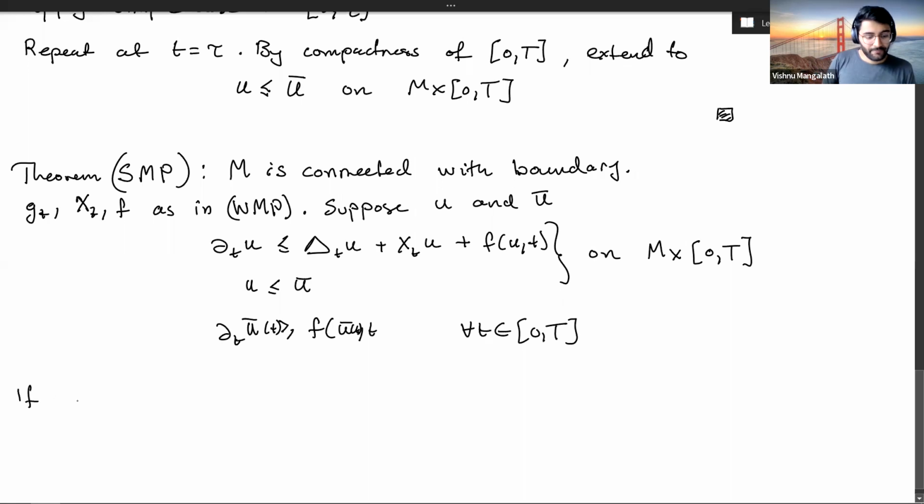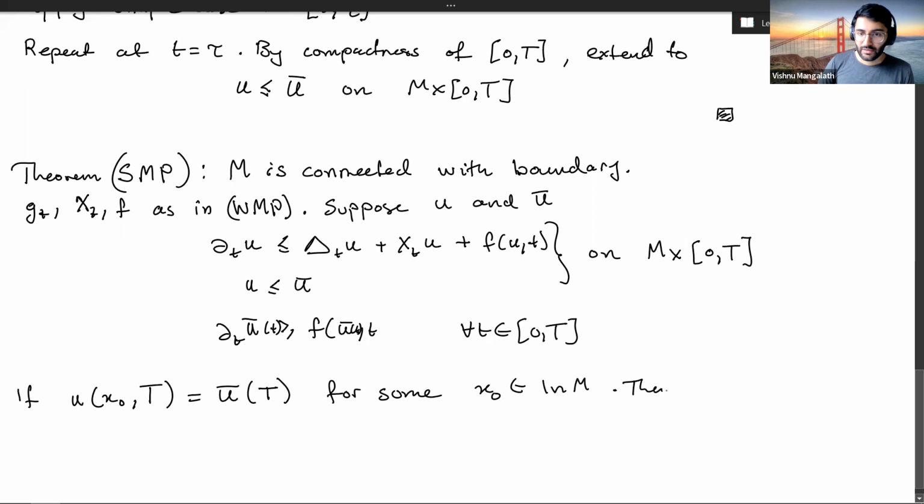Then if u at (x0, t) equals u bar of t for any x0 in the interior of M, then u is equal to u bar on M cross (0, T).